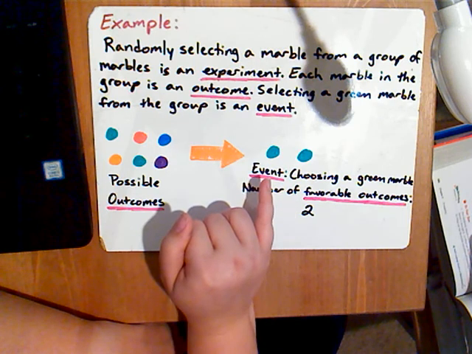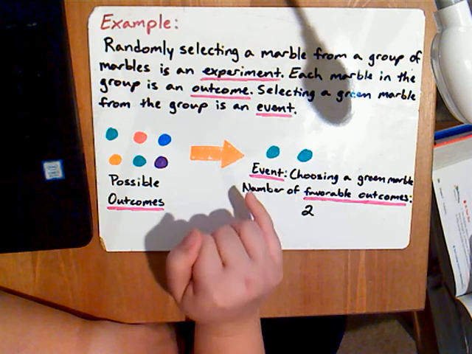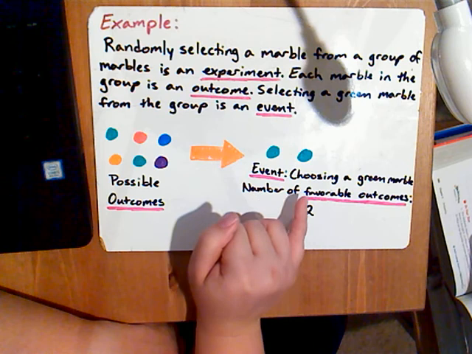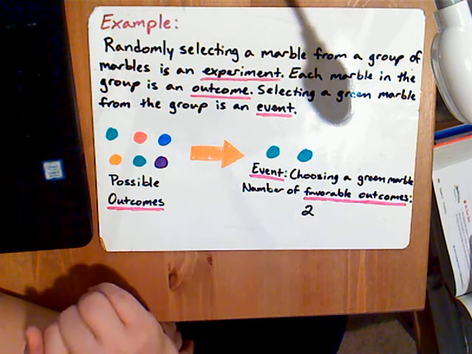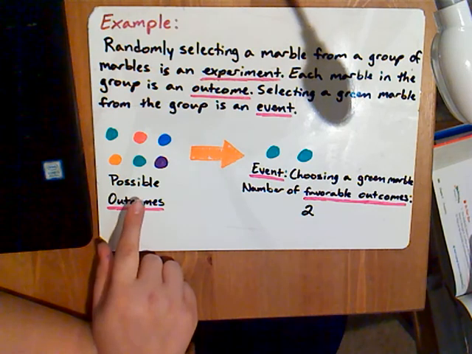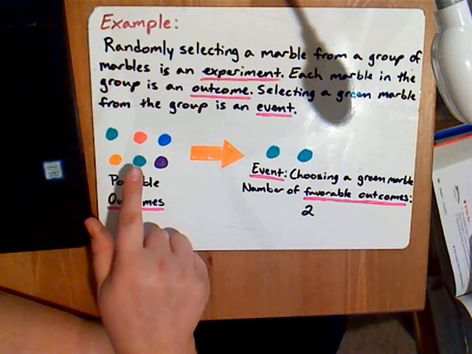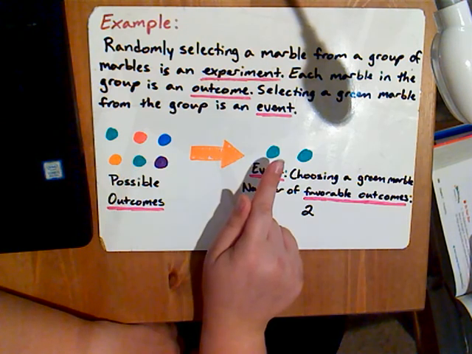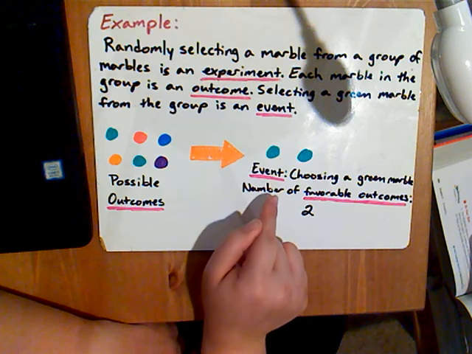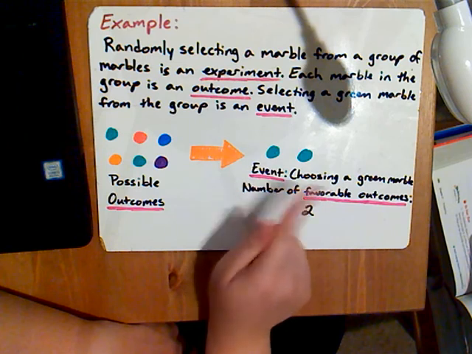So our event is choosing a green marble, and the number of favorable outcomes is 2, because there are 2 green marbles. Our possible outcomes are all the possibilities that we have, and the event is choosing the green ones.